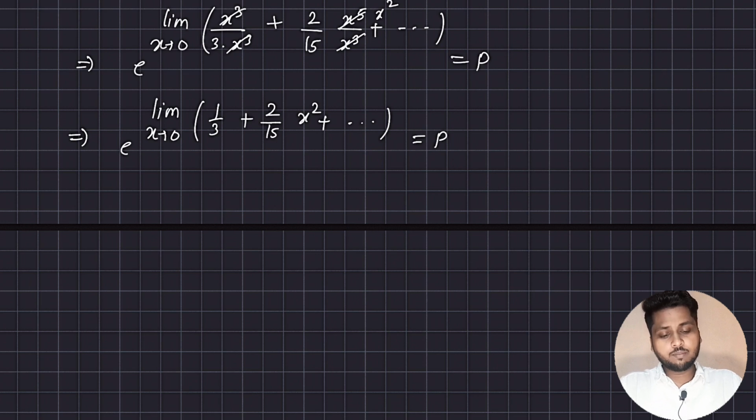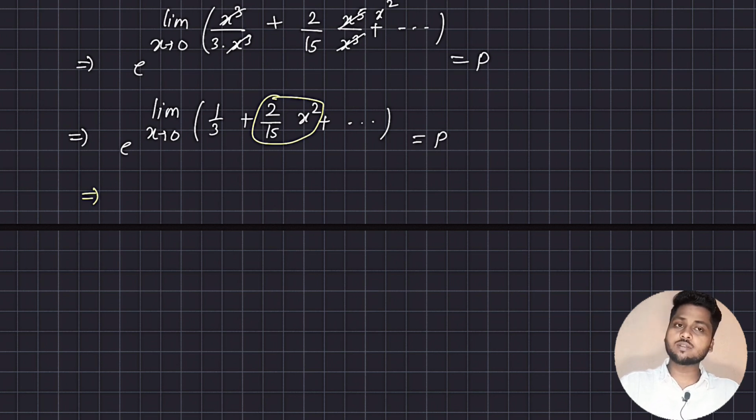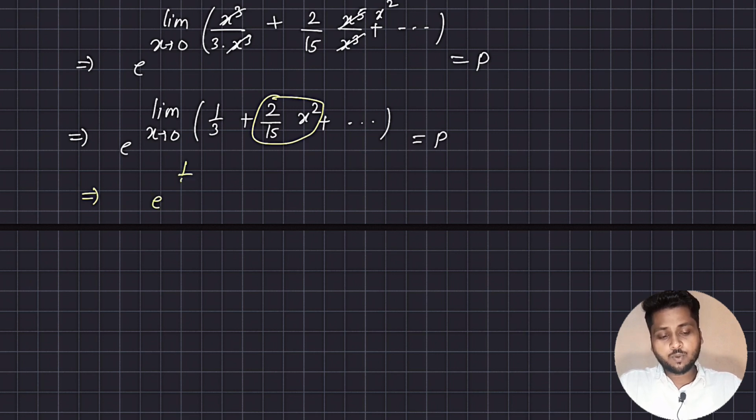If you apply the limit here, students, this term is going to be 0 because x square is there and x is tending to 0. After this all the terms are 0 because we have x as a multiplication. So all the terms are 0 except 1 upon 3 only. So we get e raised to 1 upon 3 is equal to p. The value of p is e power 1 by 3.